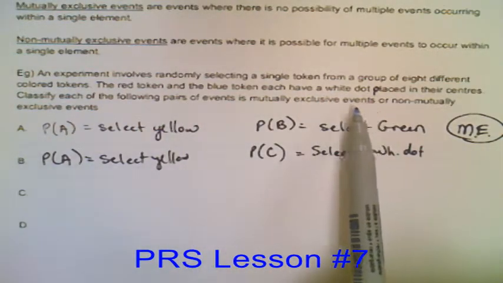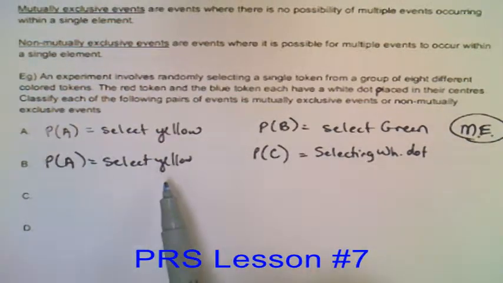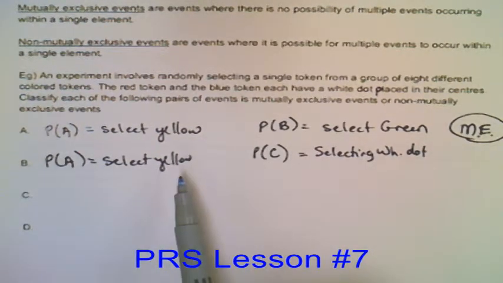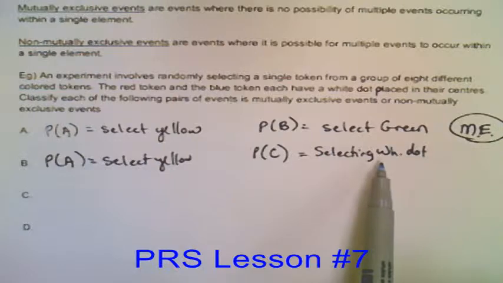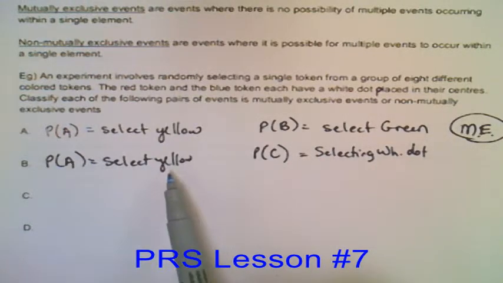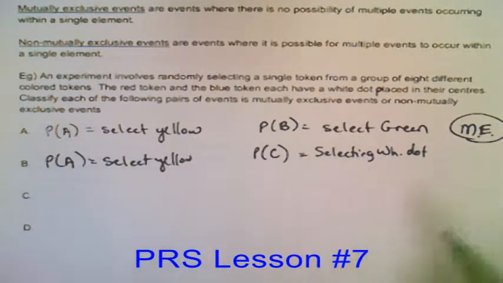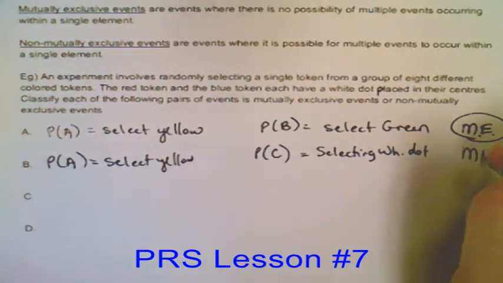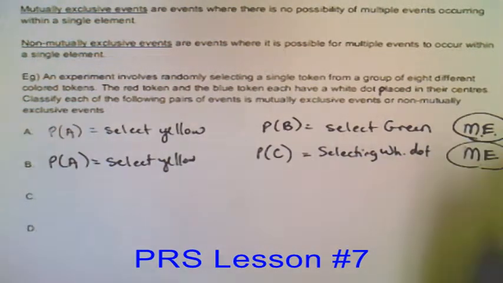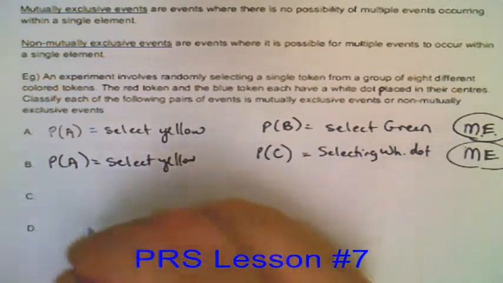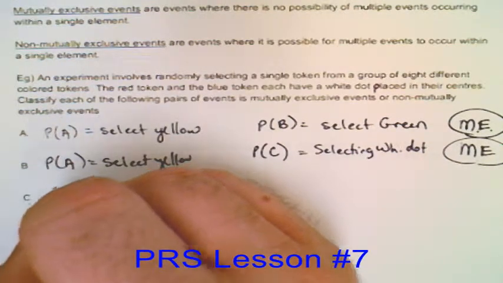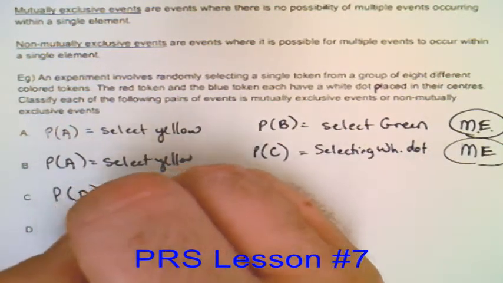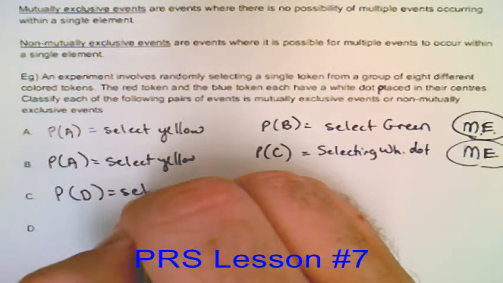So I go back and look at this. An experiment involves randomly selecting a single token, 8 different colors. The red and the blue each have a white dot. In this case here, I'm not talking about the red and the blue. There's no way I can get something that's yellow with a white dot. So once again, these are mutually exclusive.